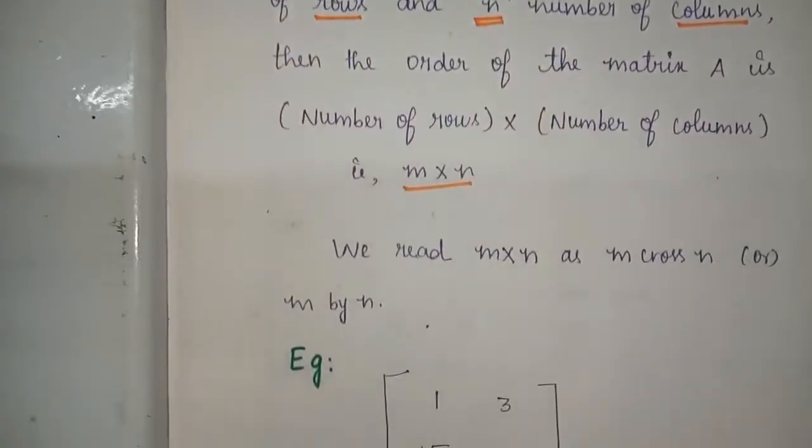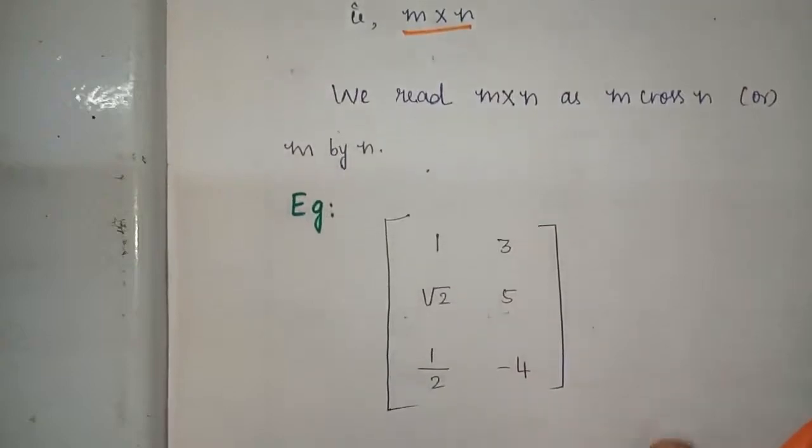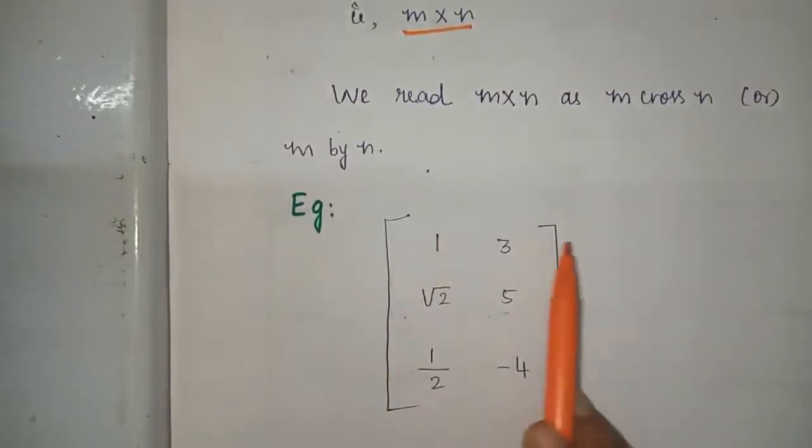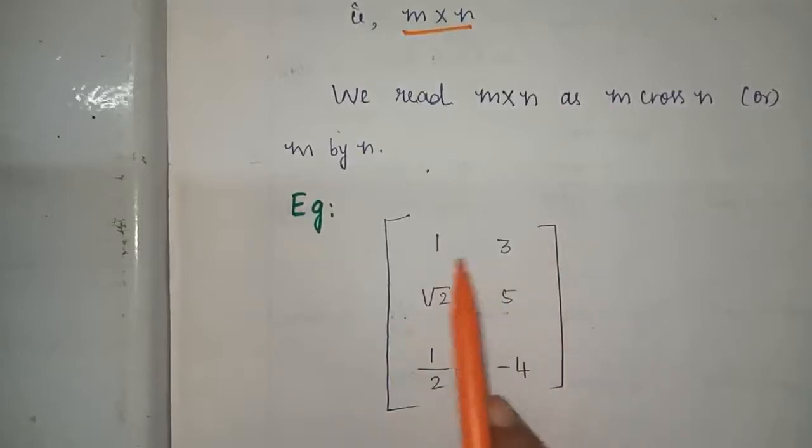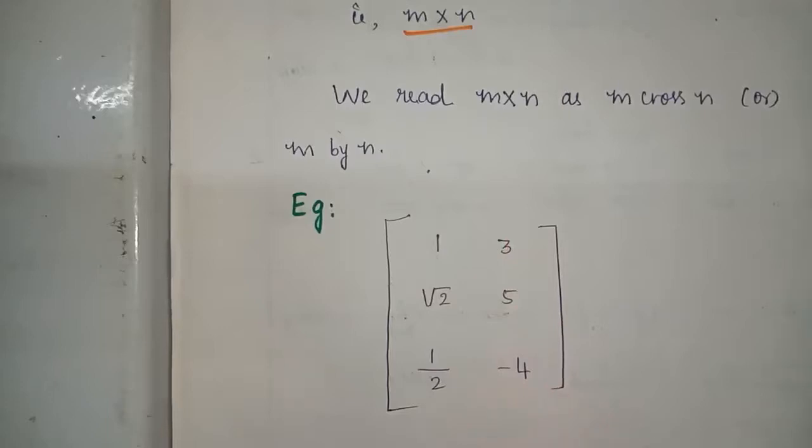Let us see one example. This is an example of a matrix because it is a rectangular arrangement and it has 1, 2, 3 rows and 1, 2 columns.